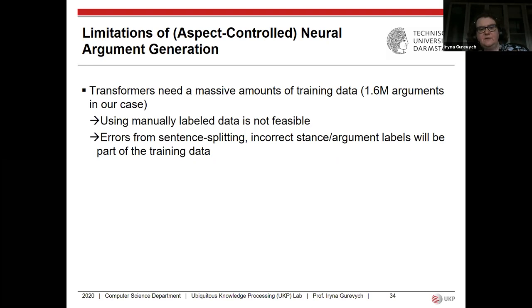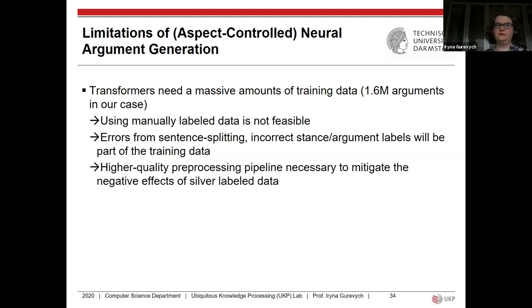However, based on our semi-supervised approach, there are multiple errors from sentence splitting or incorrect stance argument classification that propagate through our training data, and we need a higher quality pre-processing pipeline to mitigate these negative effects.